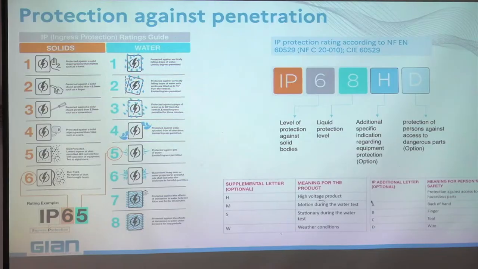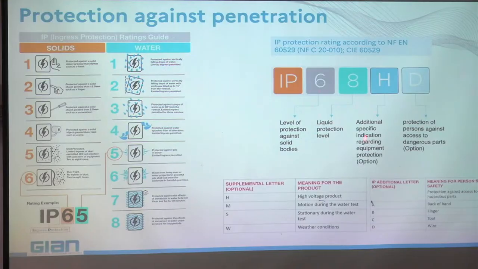It's completely stupid because 1 year doesn't make the difference, but this is the way that the standards operate. Class 4, you cannot put a wire inside. Class 5, dust cannot penetrate inside the luminaire, but it's still open. And class 6, dust and water cannot penetrate in. Okay?